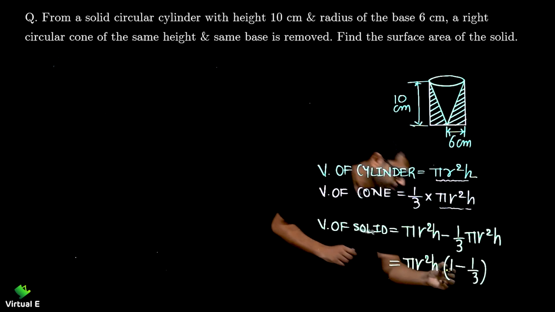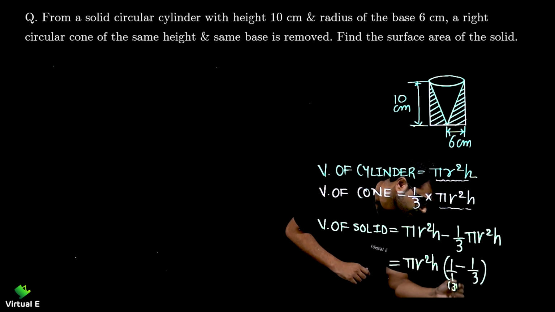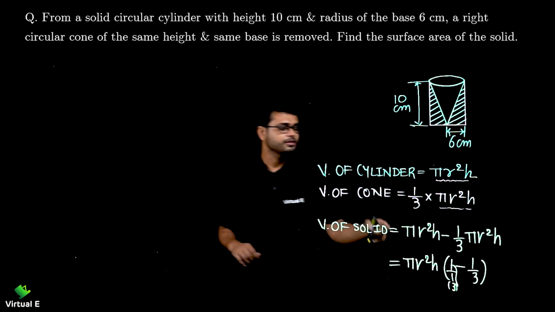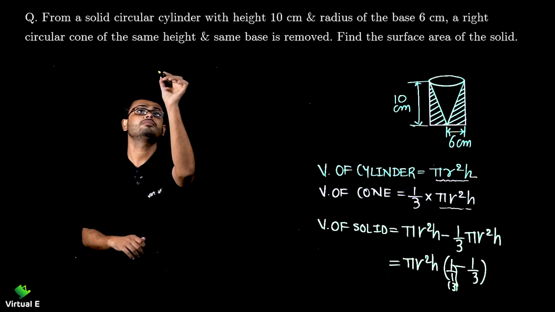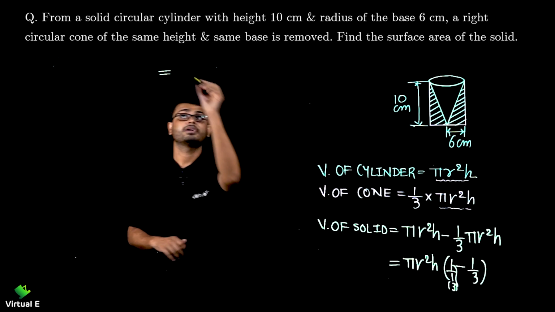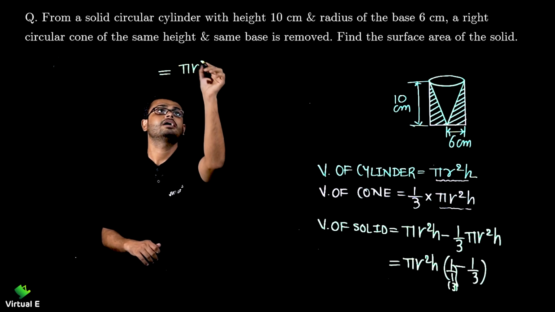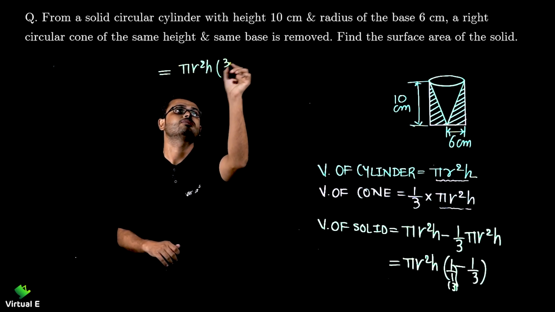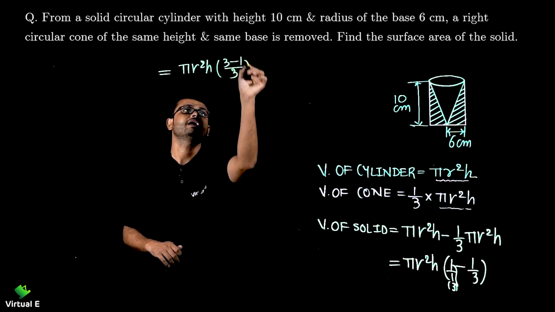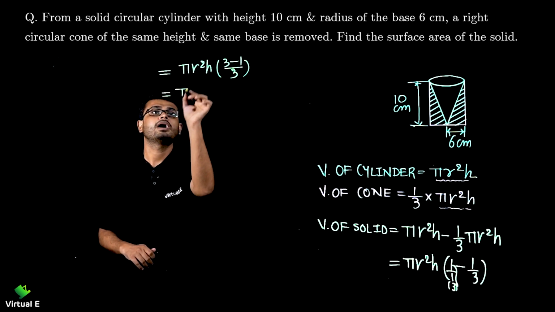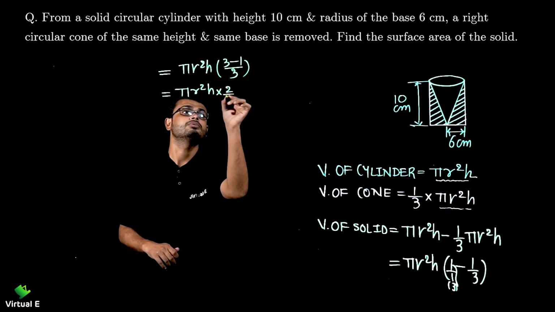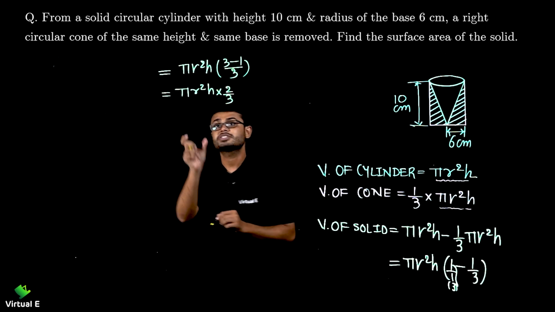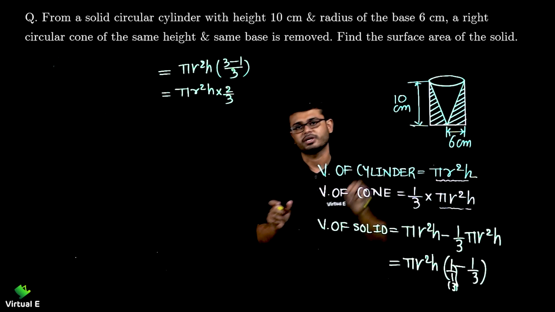If you take the LCM of 1 and 3, 3 ones are 3, 3 minus 1, 2. So the volume will be pi r square h into 2/3. So this is the volume of this arrangement.